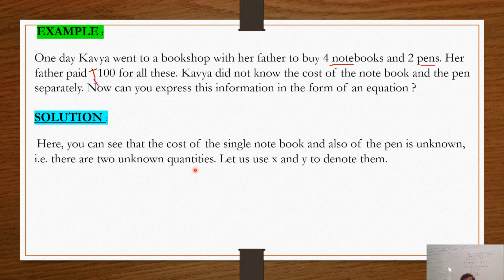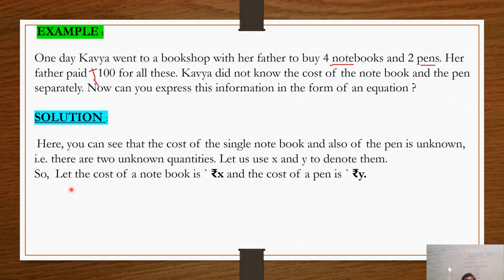Now let us take these unknown quantities as x and y. We use x and y to denote them. Let the cost of a notebook be x rupees and the cost of a pen be y rupees. Now observe the cost of four notebooks. Kavya bought four notebooks.